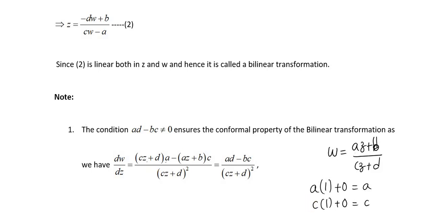Now I am going to simplify this term. So A into CZ, ACZ minus ACZ gets cancelled. Remaining terms are AD - BC. That is our numerator, divided by (CZ + D) whole squared.